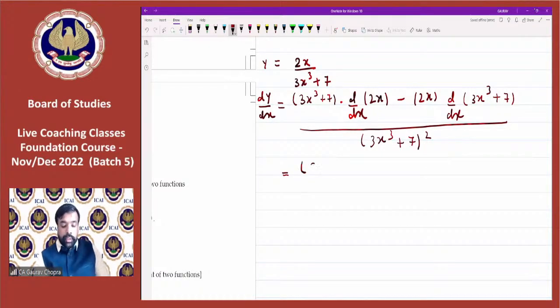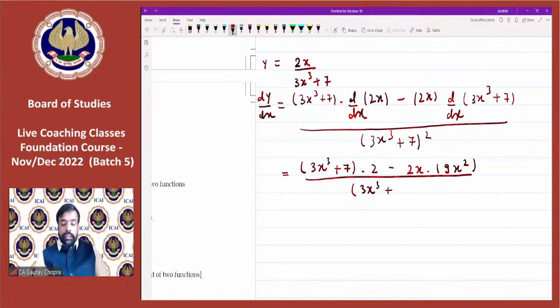So what will be the result? 3x cubed plus 7 multiplied by 2 minus 2x multiplied by 9x square, divided by 3x cubed plus 7 whole square.